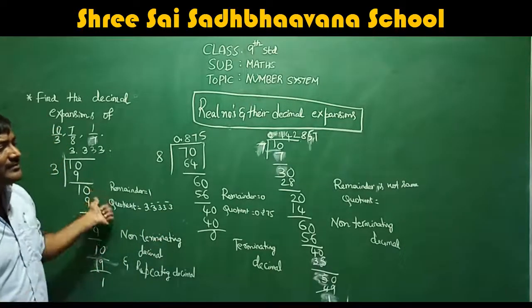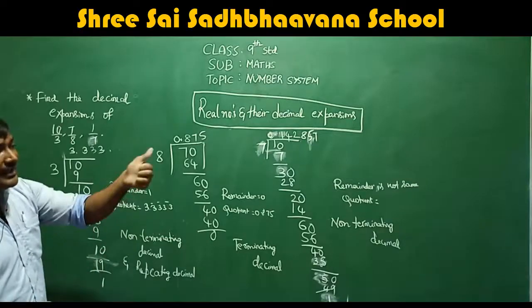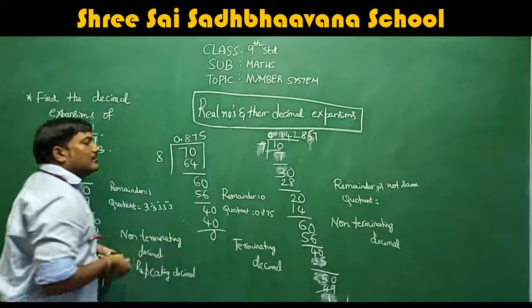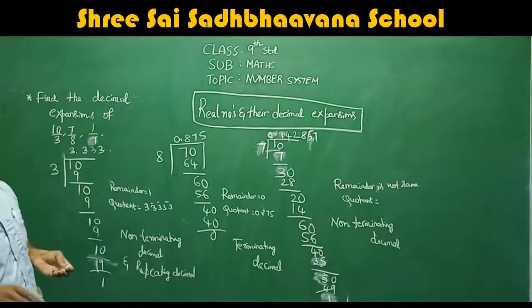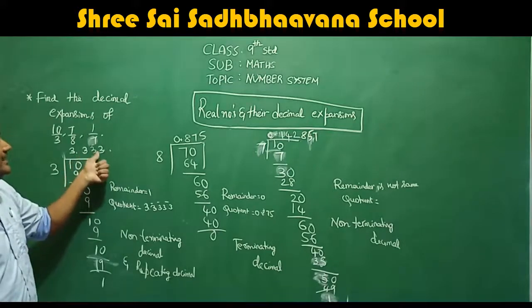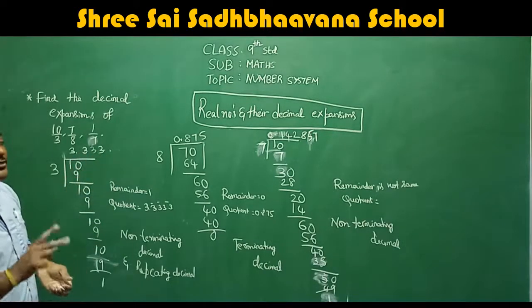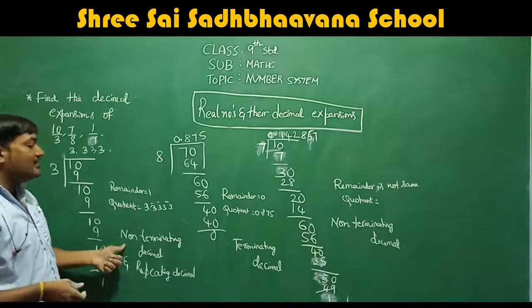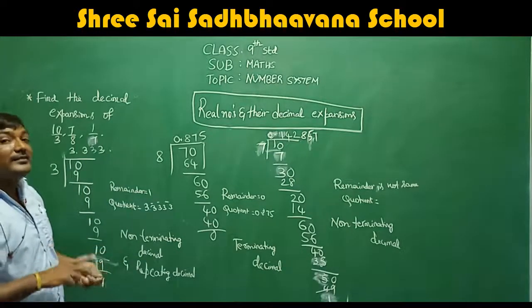So what is the difference between this one and the last expansion? In that one, we see 1, 4, 2, 8, 5, 7, nothing is repeated. All are different numbers. Here, if you see 3, 3, 3, the same number is getting repeated. So both are non-terminating decimals, and this decimal is also considered a repeating decimal.